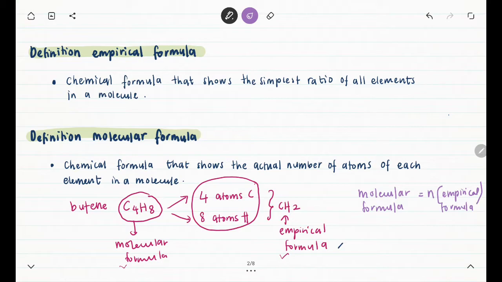If we know the molecular weight of the molecular formula, then the molecular formula weight is some multiple of the empirical formula weight.